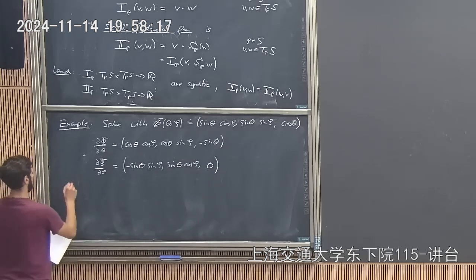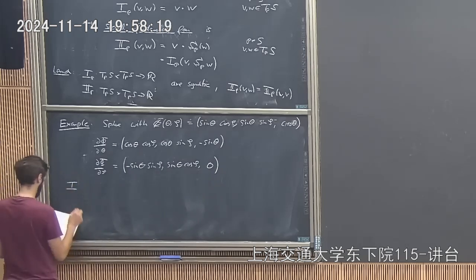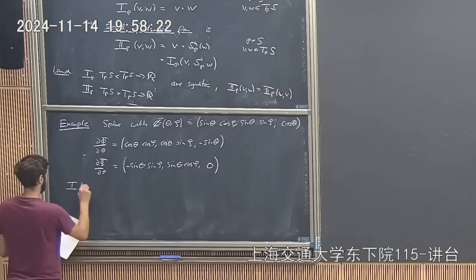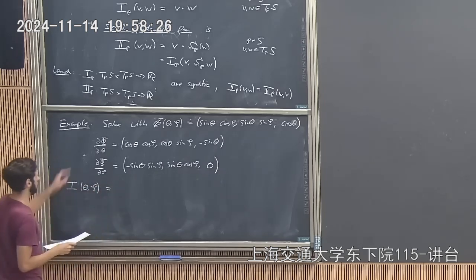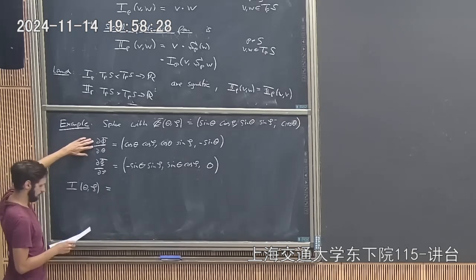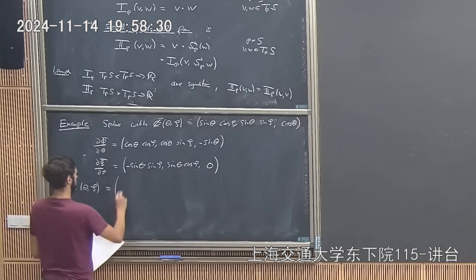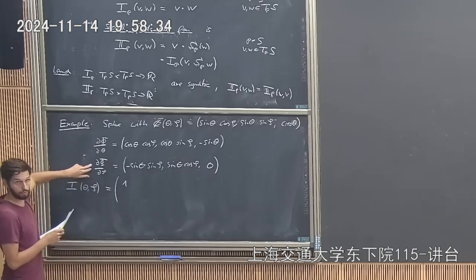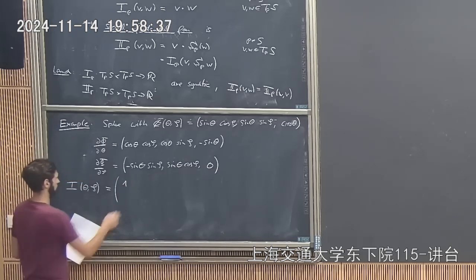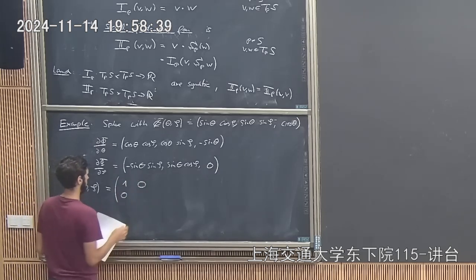So the first fundamental form is a matrix where each of these indices takes the inner product of these vectors. The inner product of the first vector with itself gives us 1. If you take the inner product of this vector with that vector, you get 0. So 0, 0 here.